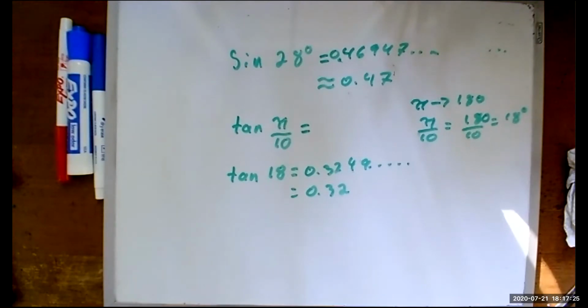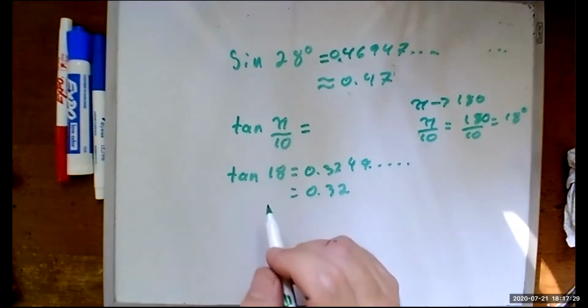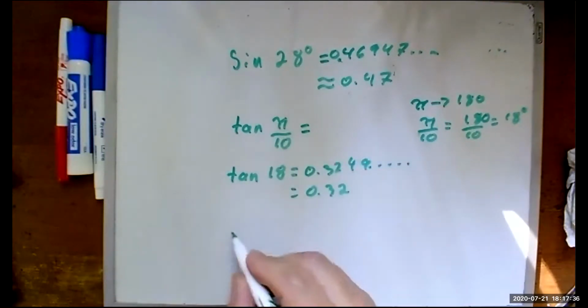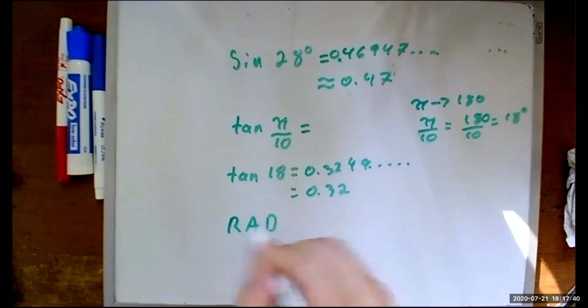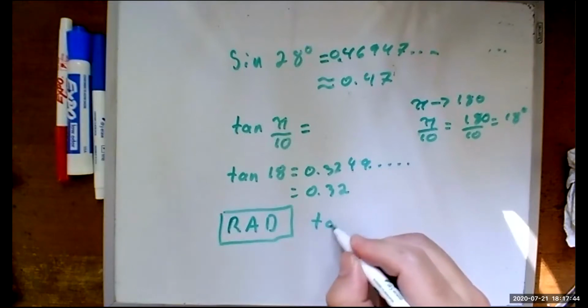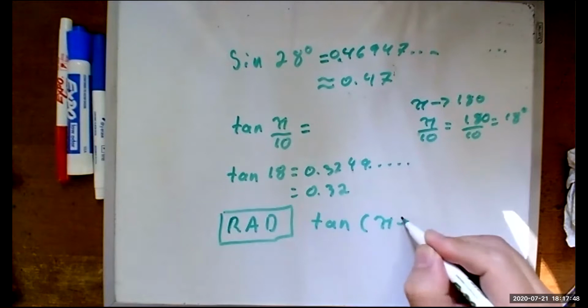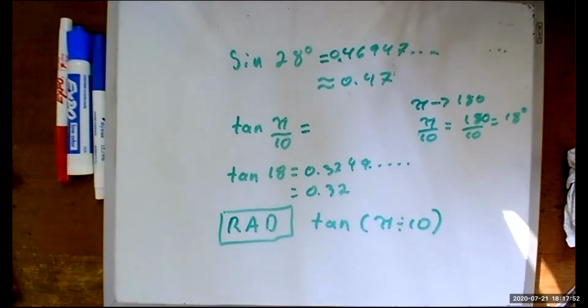For the record, though, if you are comfortable using radians on your calculator, also make sure that you're using your brackets correctly. If you put your calculator into radians mode, you want to make sure that you're doing, in brackets, the tan of pi divided by 10.